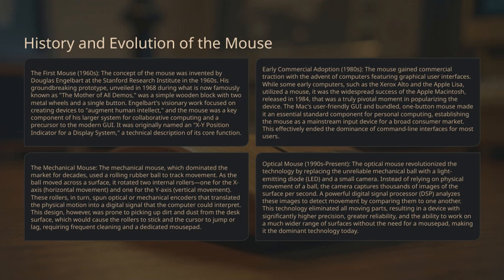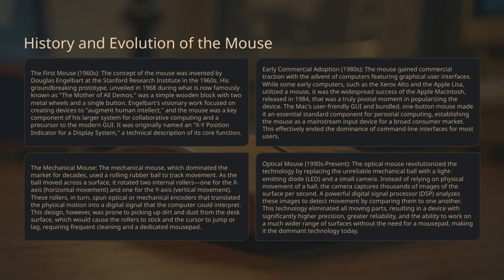Then, in the 1990s, the optical mouse revolutionized the technology. Instead of relying on a mechanical ball, it used an LED light and a tiny camera to track movement. The camera captures thousands of images per second, and a digital signal processor analyzes these images to detect how the mouse is moving. This innovation eliminated moving parts, which meant higher precision and greater reliability.